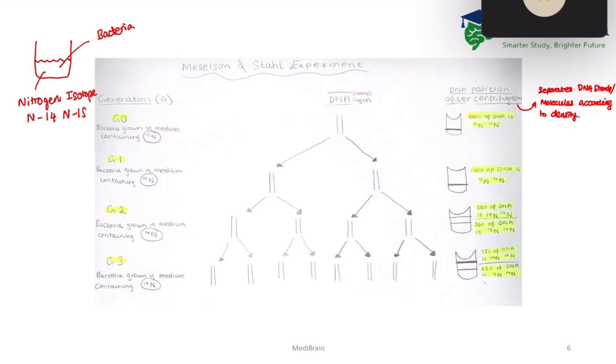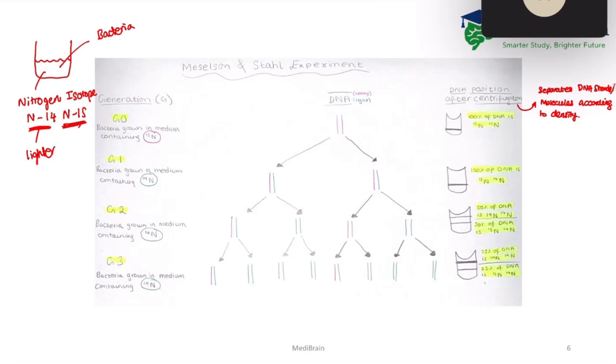The bacteria are going to take in the 14 nitrogen and the 15 nitrogen, and they are going to create DNA, and then we're going to use a centrifuge to see what sort of DNA they've created. The DNA created from the 14 nitrogen is going to be lighter because it has a lower number of neutrons.